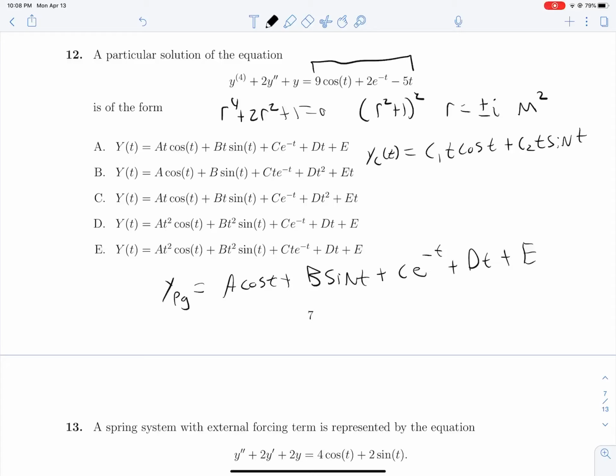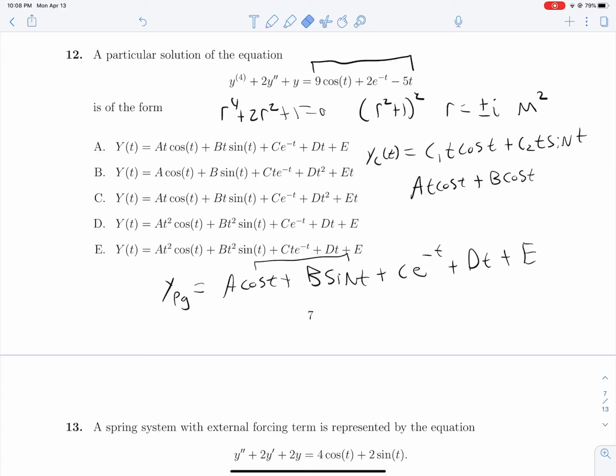We need the power of t multiplied by our sines and cosines to be greater than anything here, because remember, if we were to take this yc and split it up like we do when we're finding our guess using undetermined coefficients, like how this 5t becomes dt plus e, the guess related to these would be a t cosine t plus b cosine t.